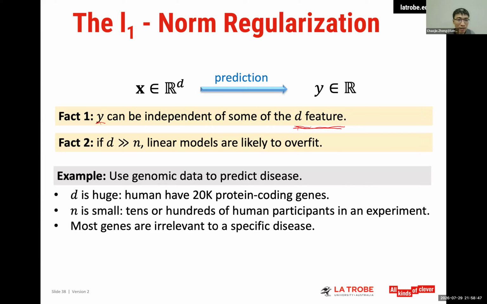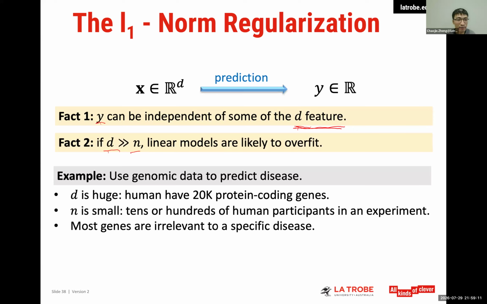Another fact is that sometimes the dimension of the input data point is much higher than the total number of samples. Or we can say we have many more features than data points.